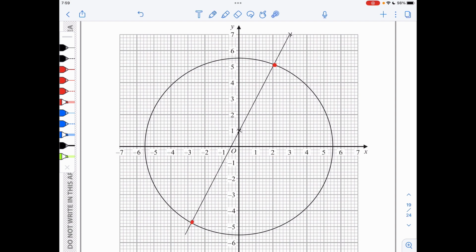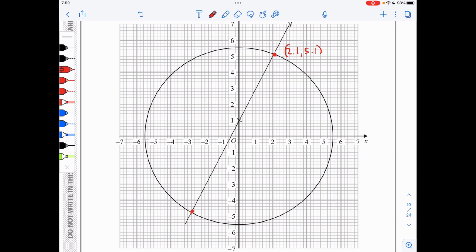So this here has coordinates 2.1, 5.1 or 5.2, depending on where you see the point of intersection. So I would say 2.1, 5.1. And the other one here, it's at minus 2.9 or 2.8. So minus 2.8, we could say, comma, minus 4.7.